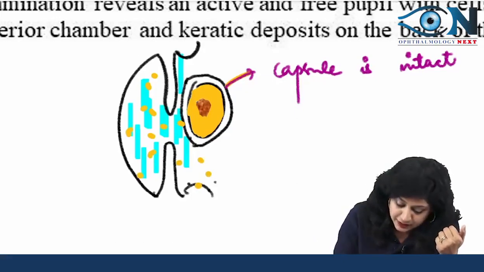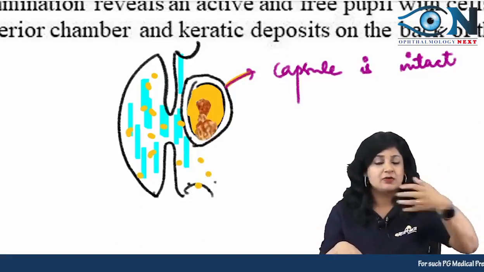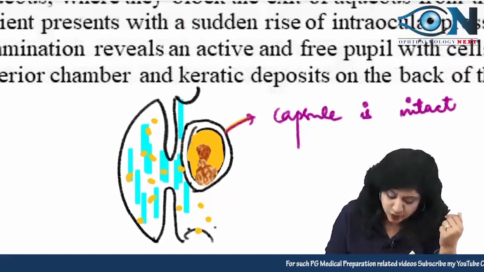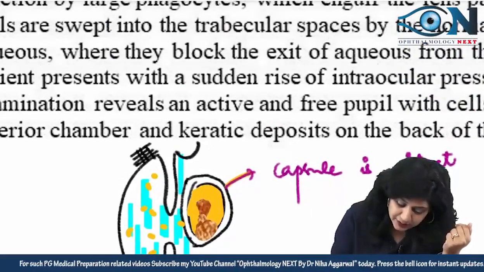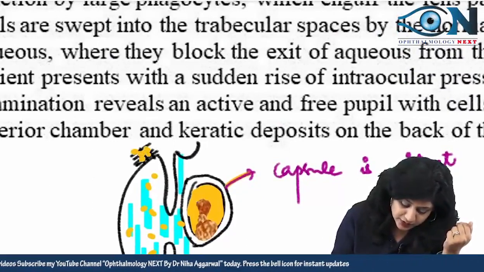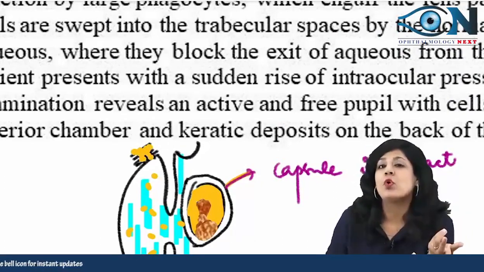And what is happening? The nucleus is actually settling at the bottom here. Nucleus will come at the bottom, proteins are coming out, there is a lysis, and where will they go? They will go and block this trabecular meshwork. So, they are going to block this trabecular meshwork, and therefore, they are causing secondary open angle glaucoma.